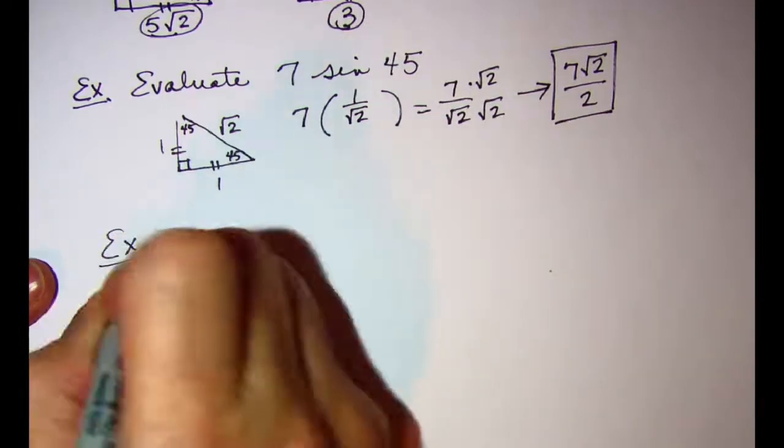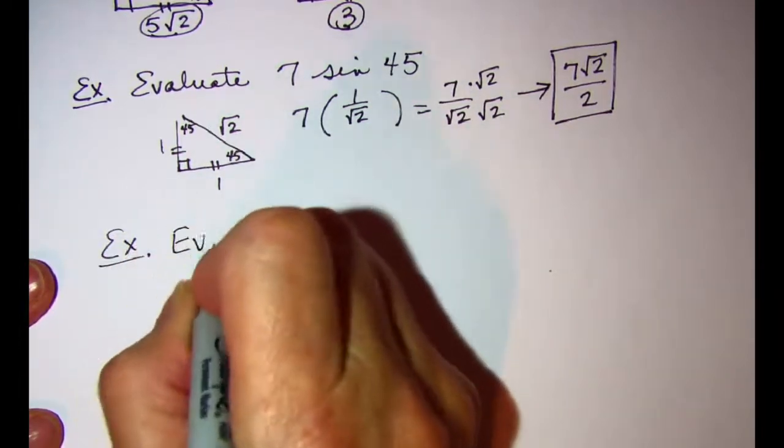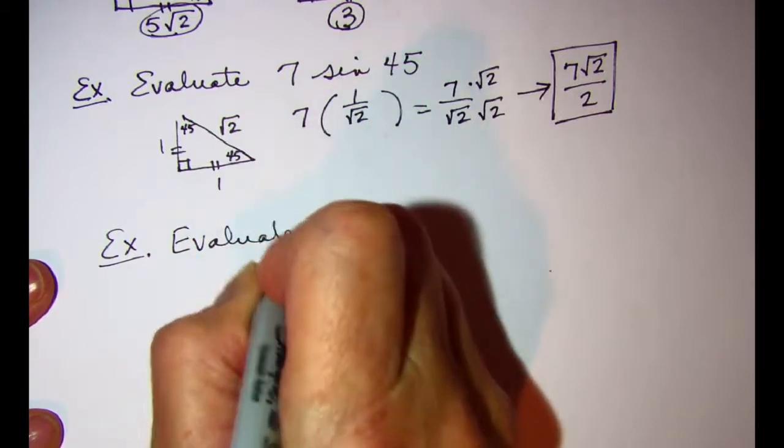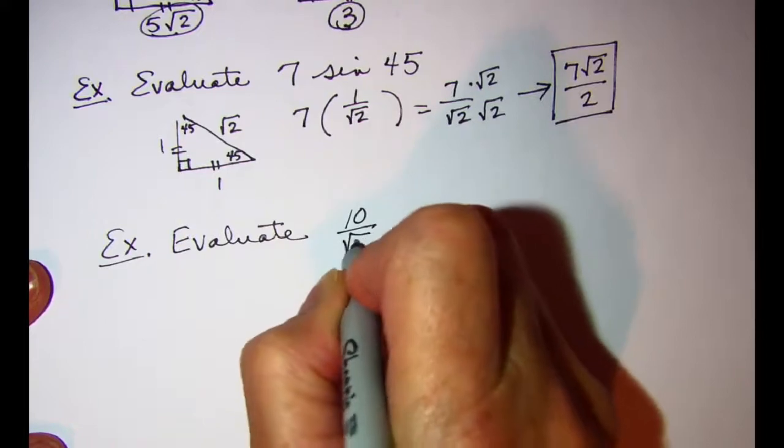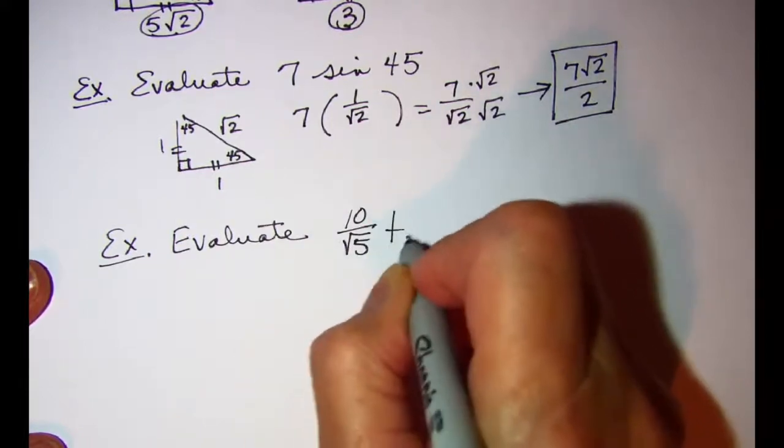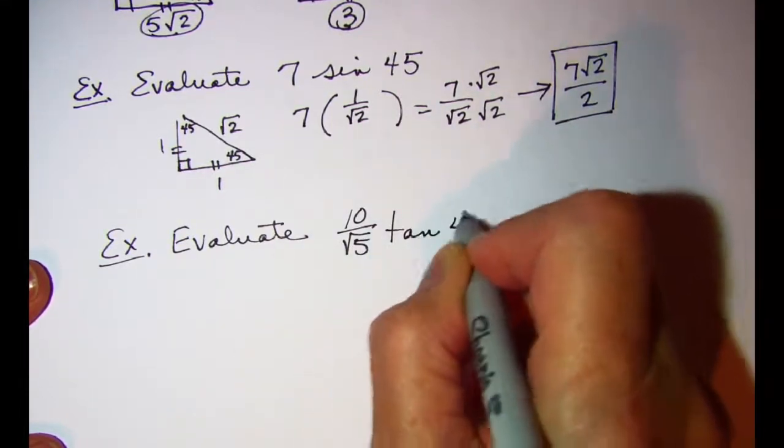Let's evaluate 10 over root 5 times the tangent of 45.